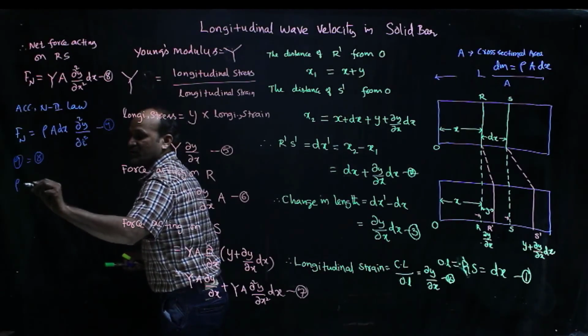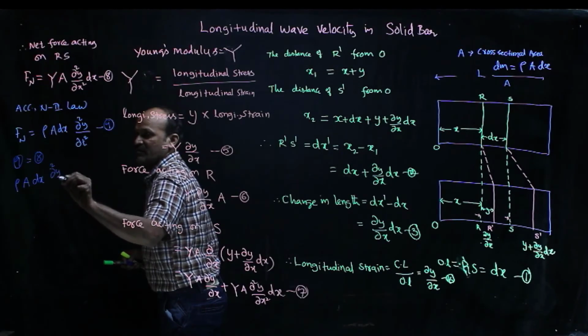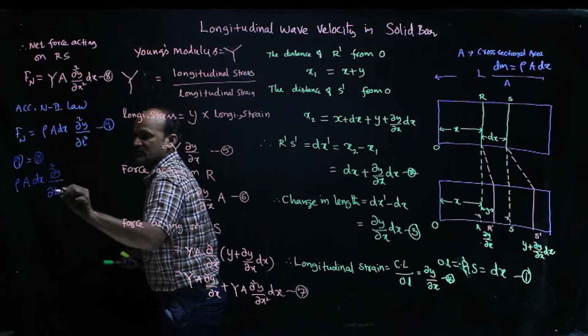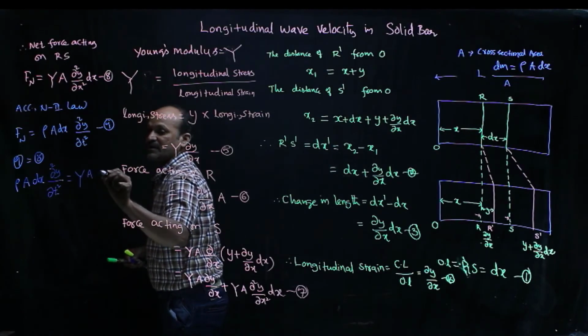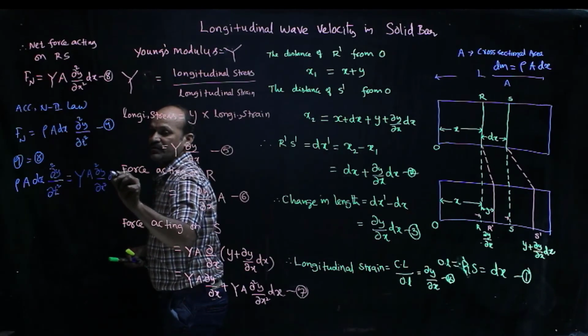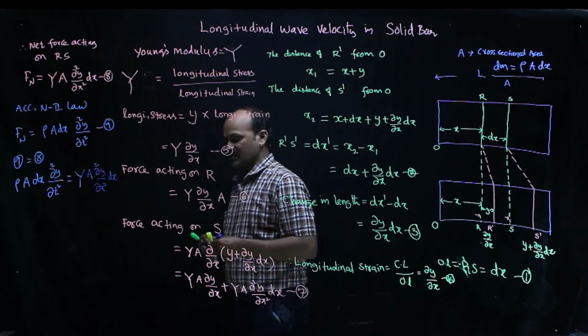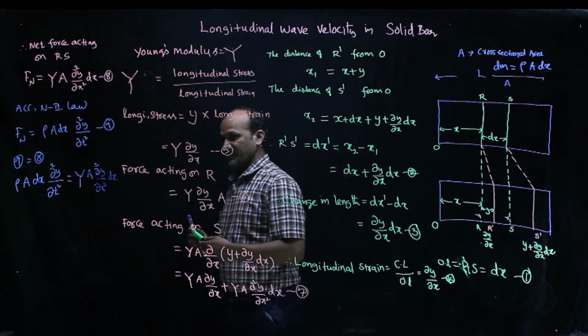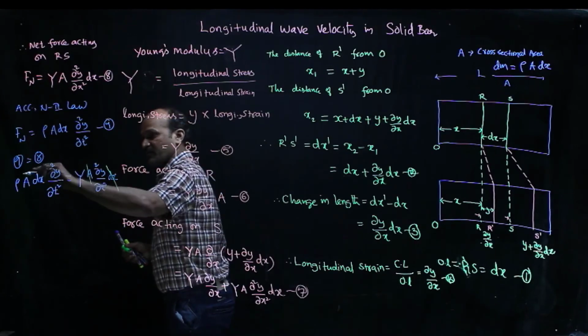So here we get rho A dx into ∂²y/∂t² is equal to Y, Young's modulus, A into ∂²y/∂x² into dx. dx and A cancel, we can cancel both sides. See, this dx we can cancel, this A we can cancel.